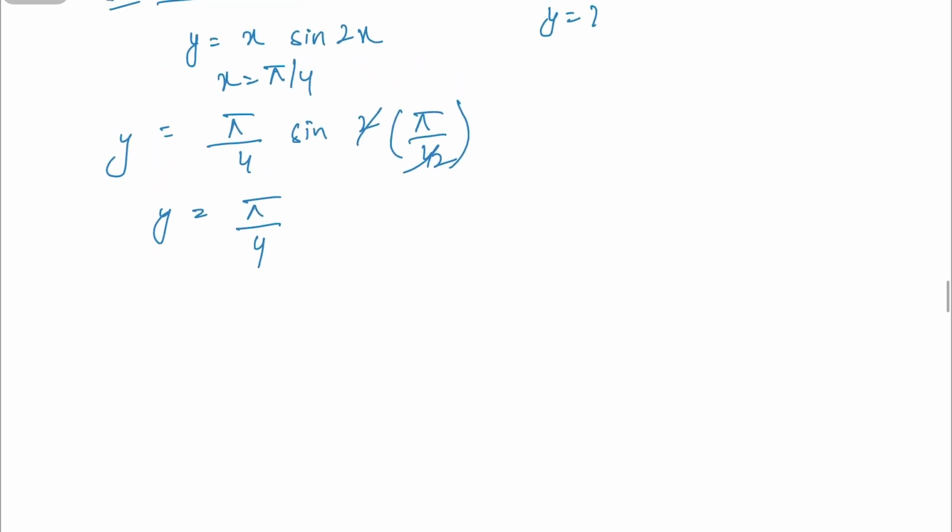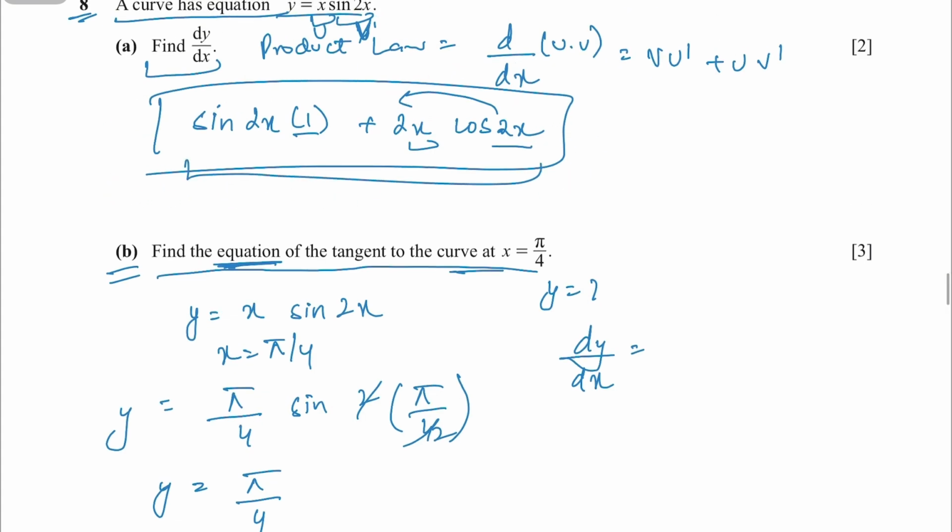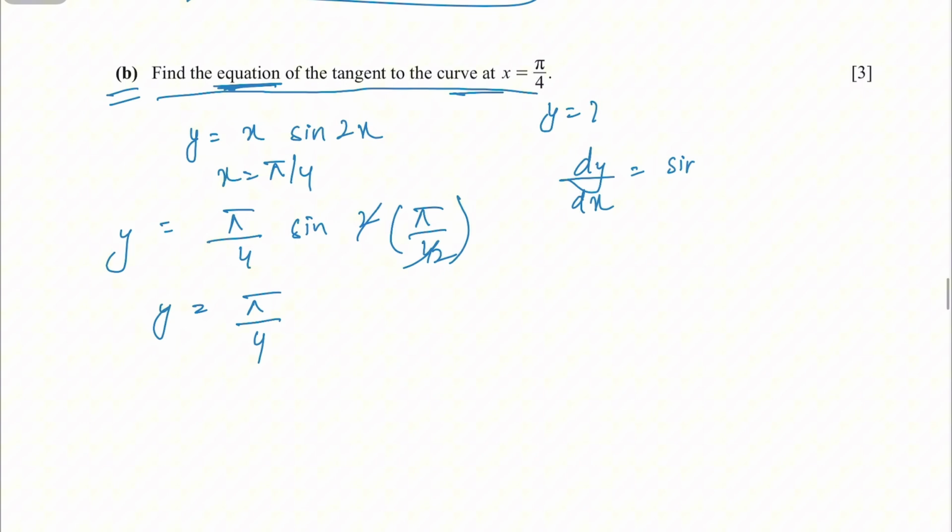Now we need to calculate the equation of the tangent to the curve at this point. For the tangent, we need to have our dy/dx or gradient. We have our dy/dx here, sine 2x plus 2x cos 2x.